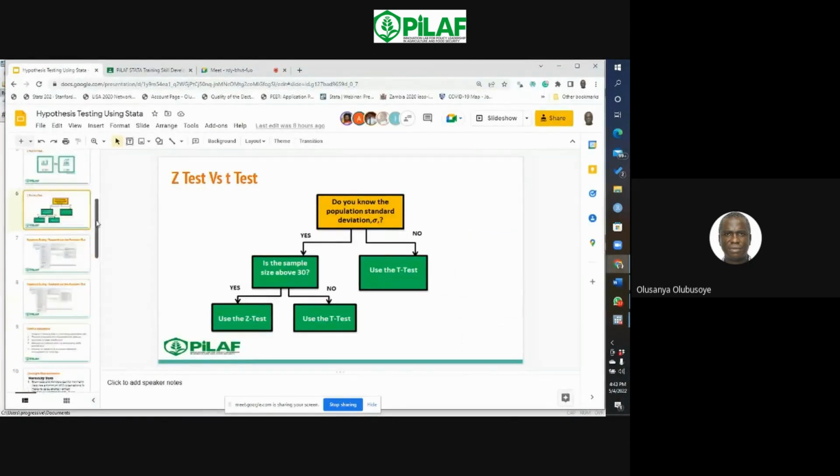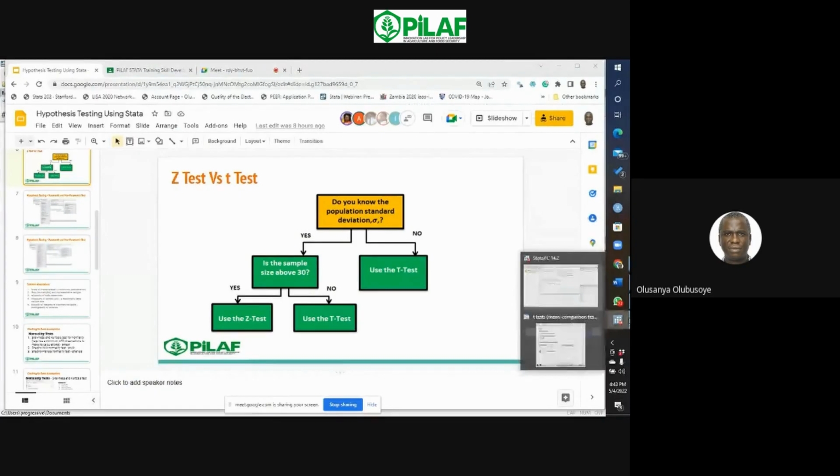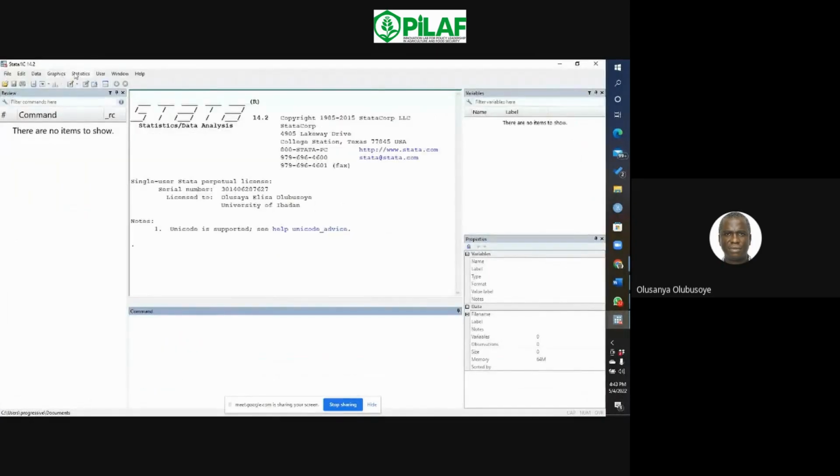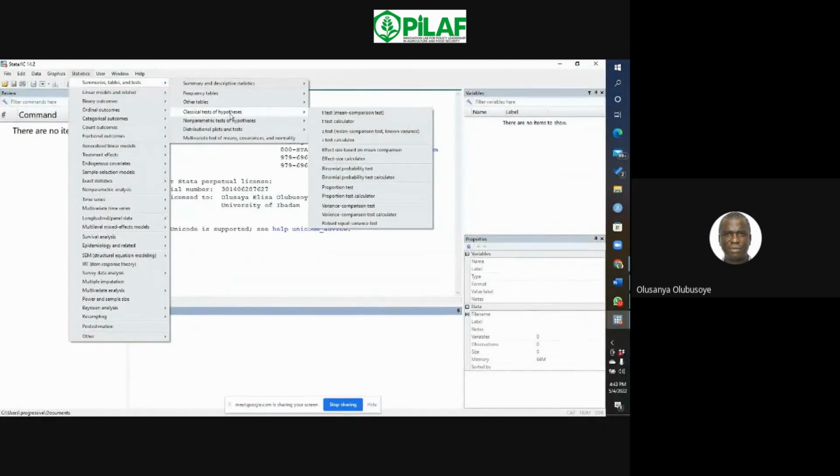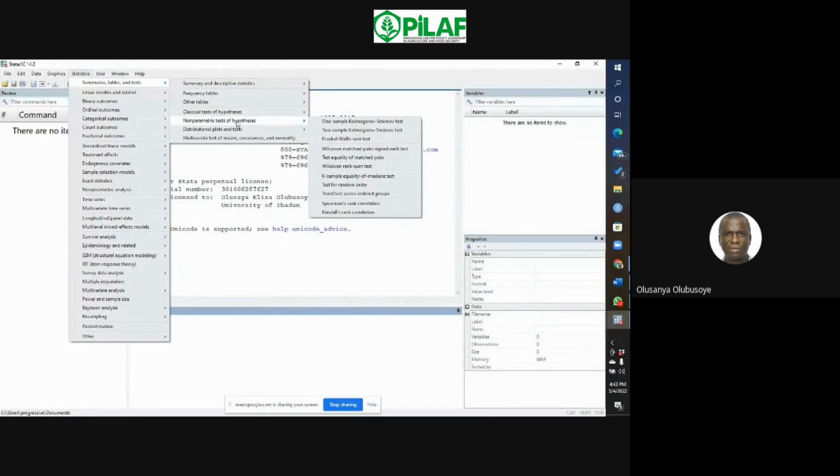Few more things to know about. In that statistics menu, you go to summary, you go to classical test. After classical test of hypothesis, you will also see the battery of tests for non-parametric tests.